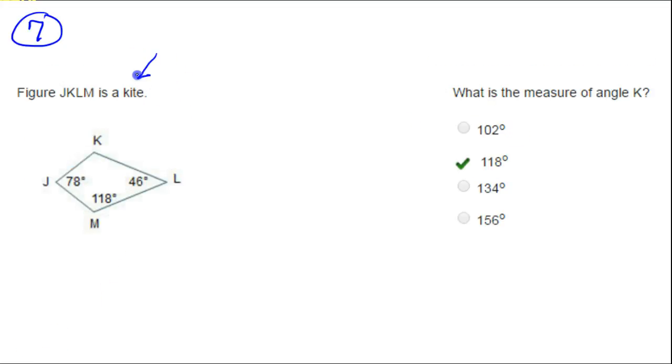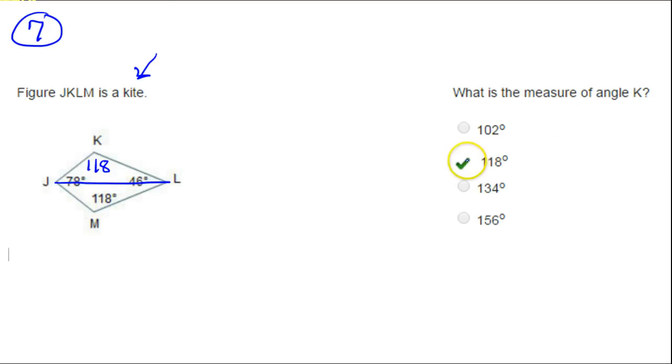Okay, so they're telling us that this is a kite. This time it's laying on its side, but still we know that, so that makes this the line of symmetry. That means angle M and angle K should be the same thing. So if angle M is 118, then this is 118. A kite is the same on both sides.